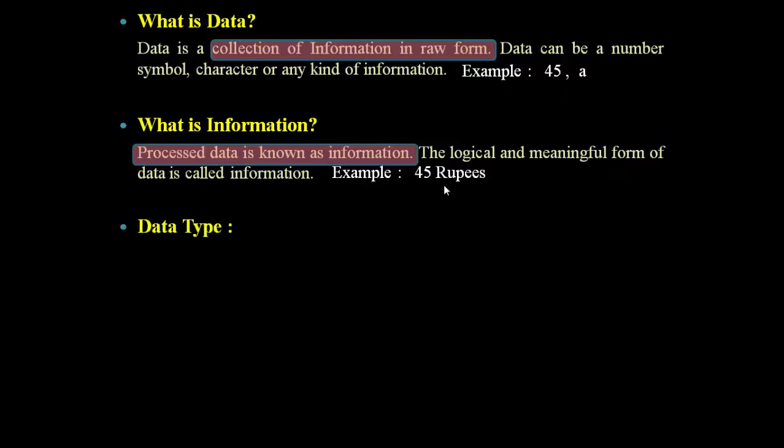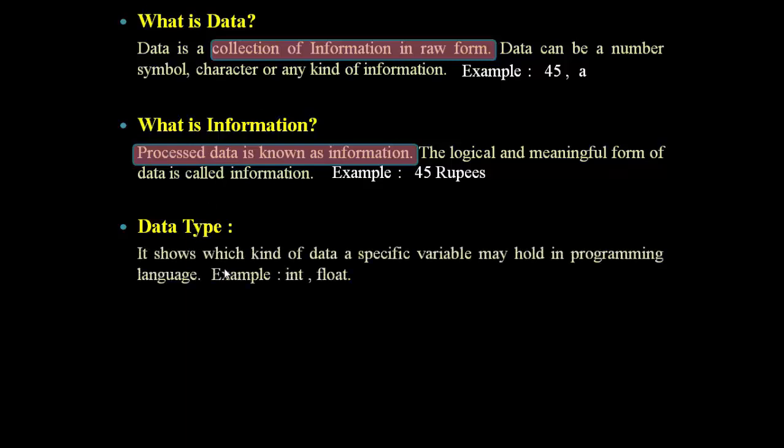Now next, what is data type? For any programming language, we have different variables, and a variable is basically used to store data, but which kind of data we can store inside the variable, we can identify from the data type. For example, in our C language, we have different data types like integer, float, double, character, etc. So all these data types are basically used to identify which kind of data we can store inside the variable.